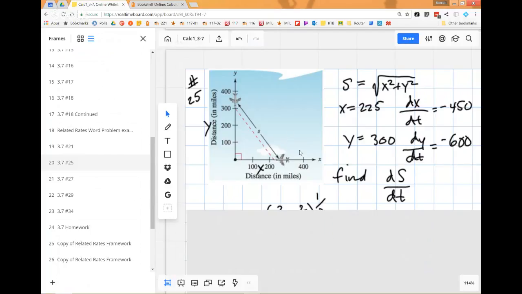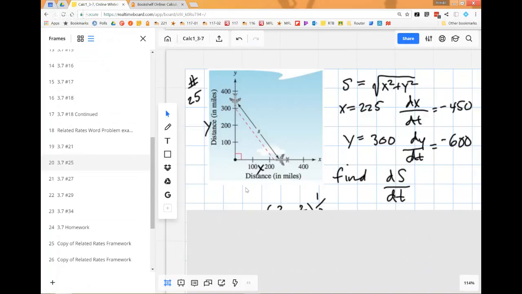And this plane is at 225 for a distance, and its rate of speed is 450. Negative because it's going left, moving toward the negative. So I called this one y and this one x. And of course, the obvious equation here is the Pythagorean theorem. S is the what?